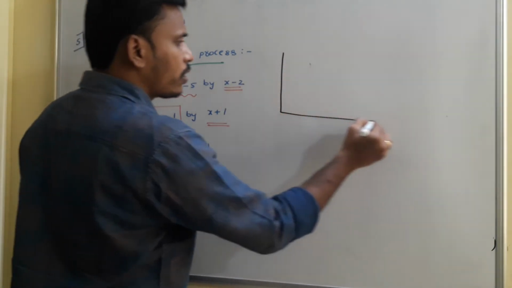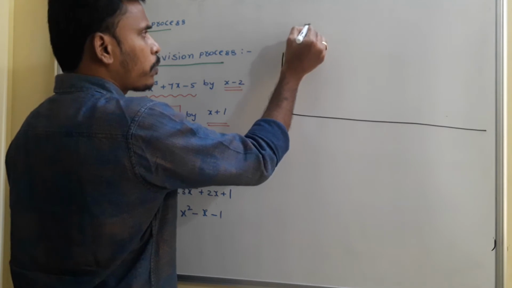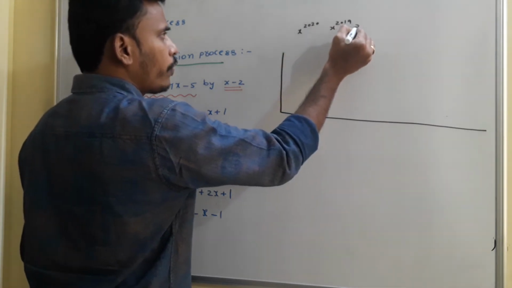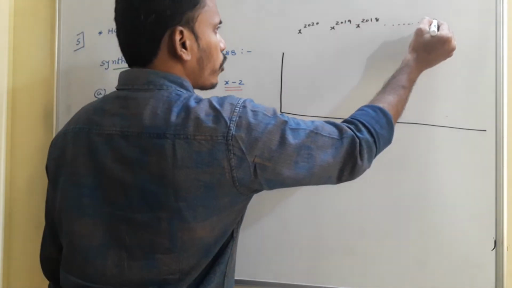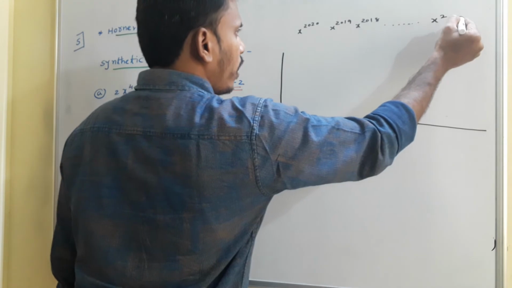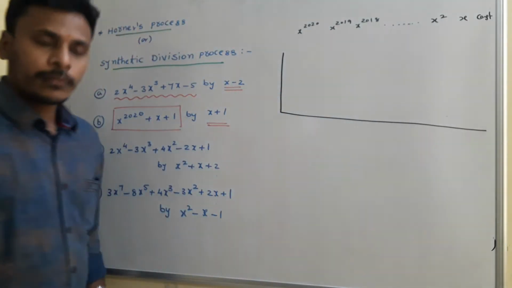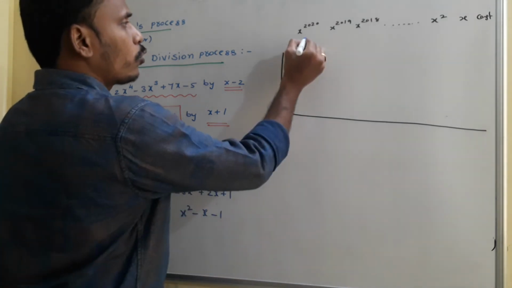So first of all, this is the actual notation. What I am going to represent for you is the x power 2020 coefficient, x power 2019 coefficient, x power 2018 coefficient. Likewise, if you proceed, coefficient of x square, coefficient of x, and then constant term. Okay, now just look there. What is the coefficient of x power 2020?